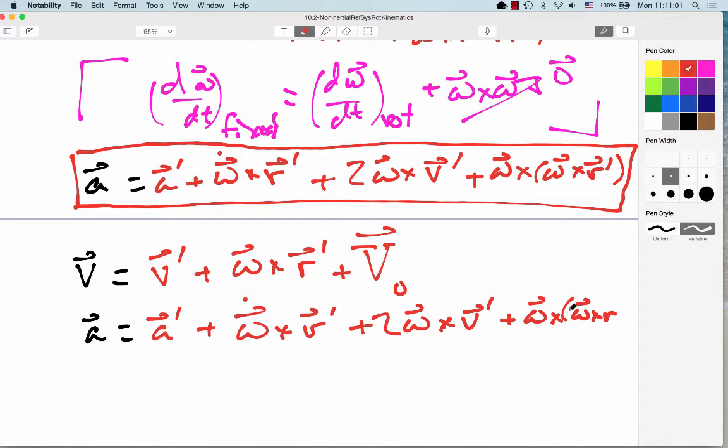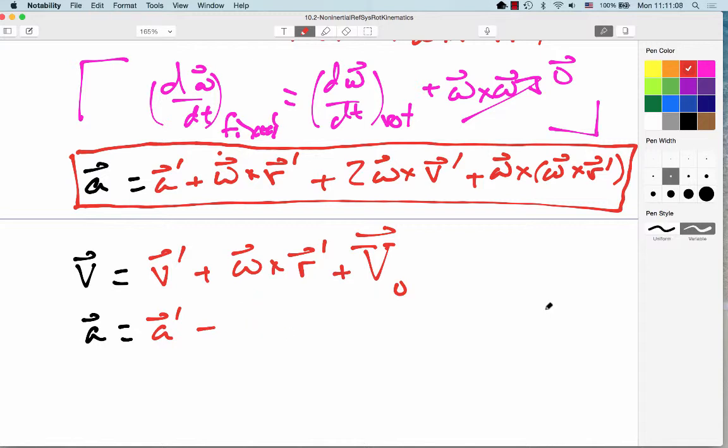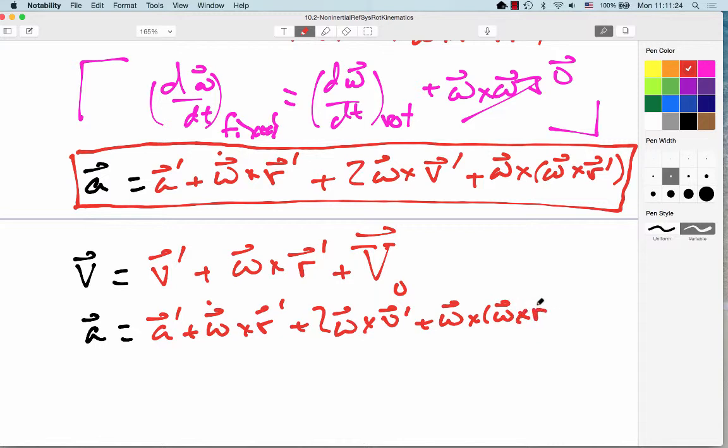Oh, let's rewrite that. We're going to need a little more room. Okay, A prime plus omega dot cross r prime plus 2 omega cross v prime plus omega cross r prime plus A naught.